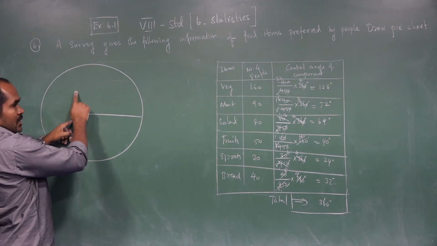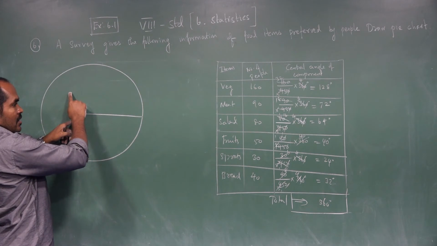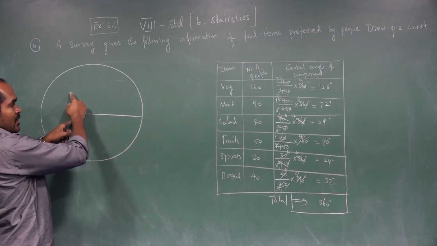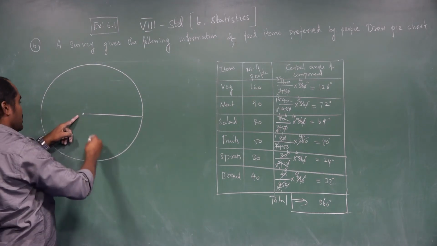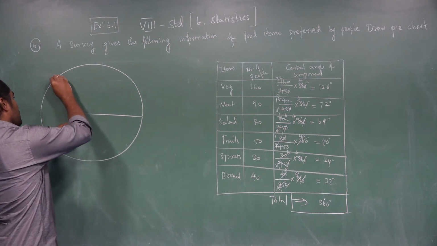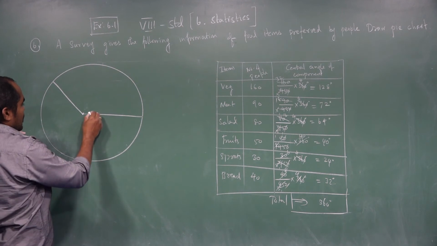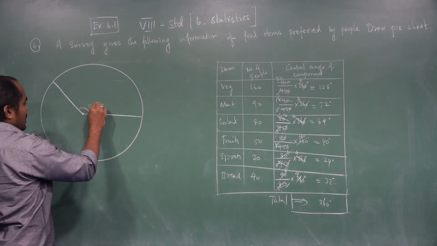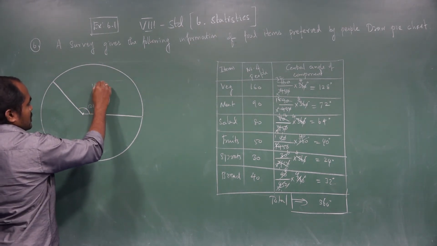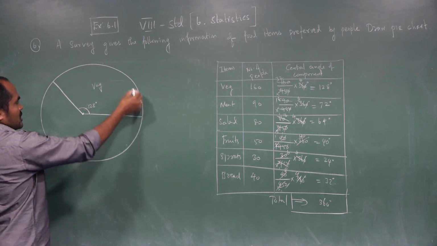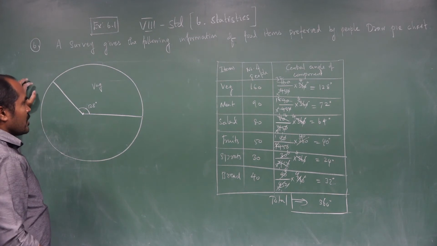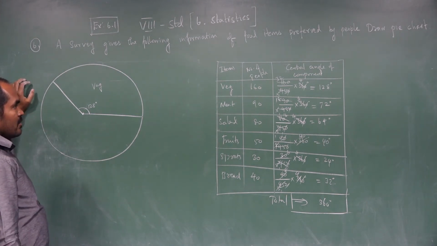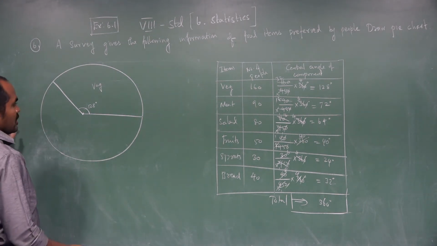So 90, next is 100, next is 110, next is 120 and 128. So use the protractor, mark 128 degree and write here 128 degree. So this is vegetable. This sector represents the number of people who prepared vegetable.